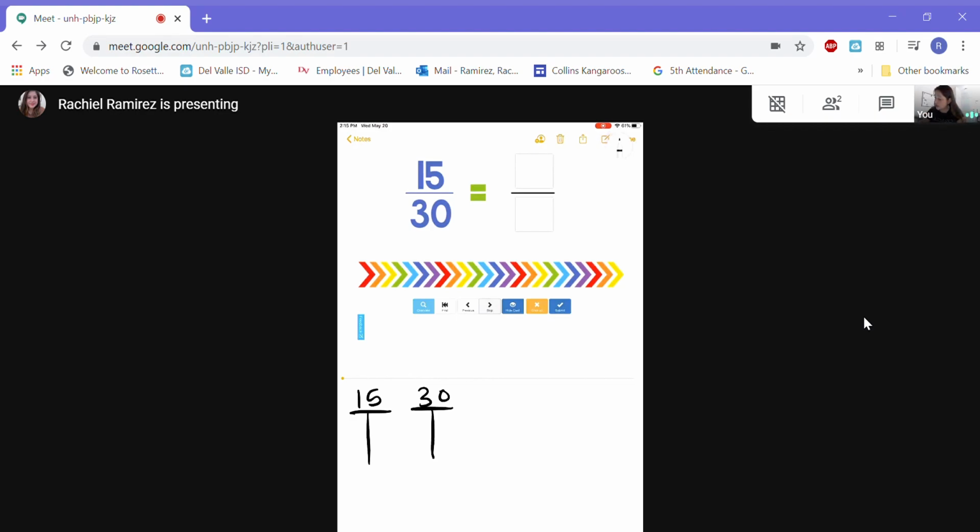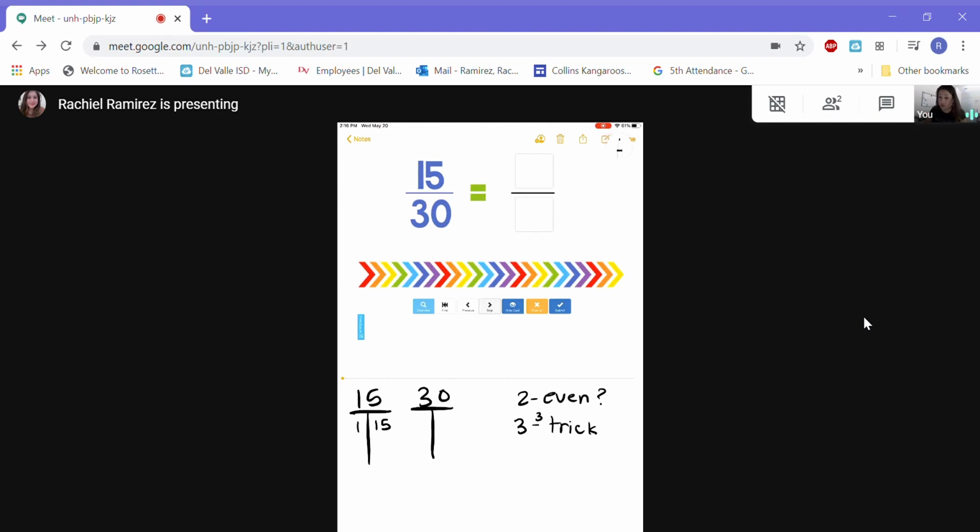So 1 and 15. Then for 2, is it even? Is 15 even? No, it is not. So 2 doesn't work. What about 3? Does the 3's trick work?